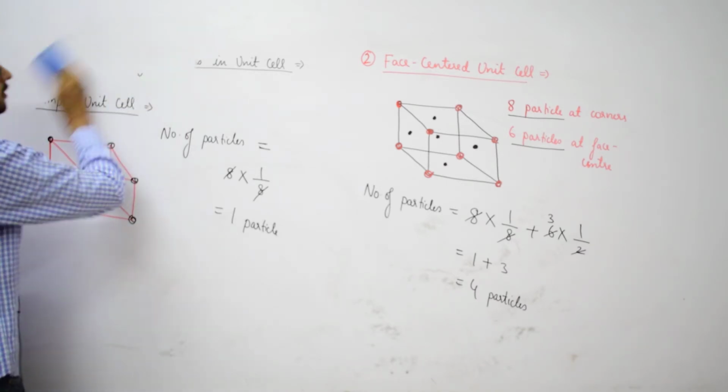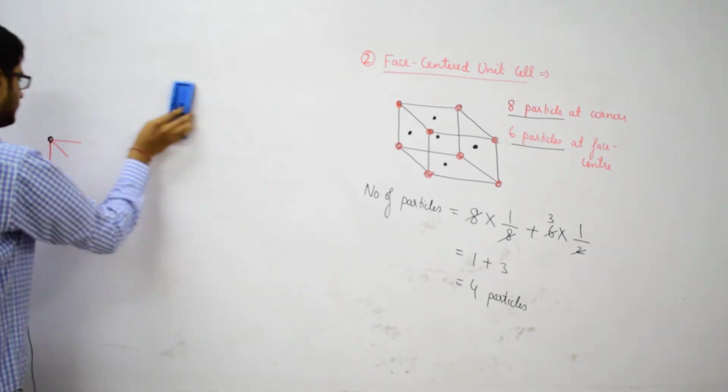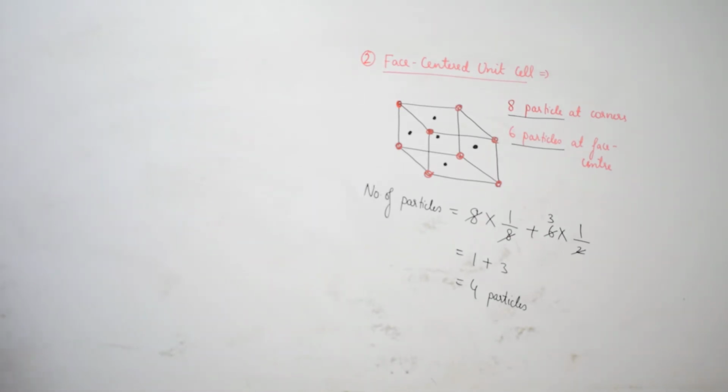Now, let us move on to our third type of unit cell, that is body centered unit cell.